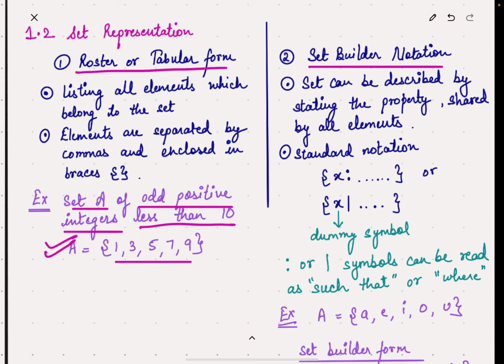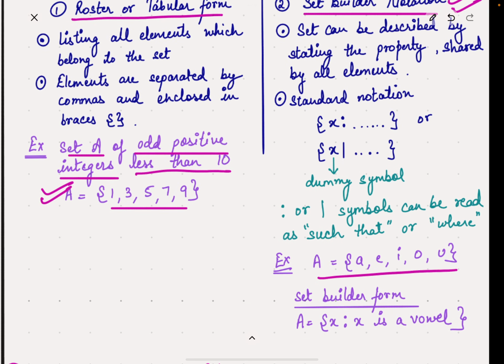Next is set builder notation. In set builder notation, we describe each element by stating the property that all the elements share. For example, suppose we have this particular set. Here we know that A, E, I, O, U, all these are vowels. So this is the common property for this particular set A, as all the elements are vowels.